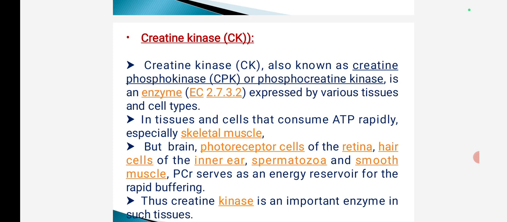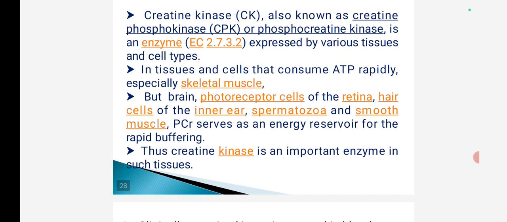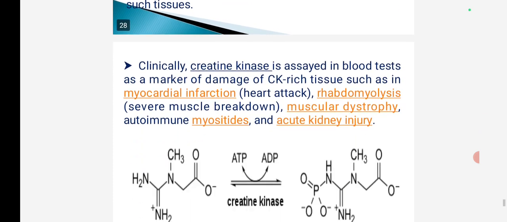In tissues and cells that consume ATP rapidly, especially skeletal muscle, but also brain, photoreceptor cells of the retina, hair cells of the inner ear, spermatozoa and smooth muscle, phosphocreatine serves as an energy reservoir for rapid buffering. Thus, creatine kinase is an important enzyme in such tissues.